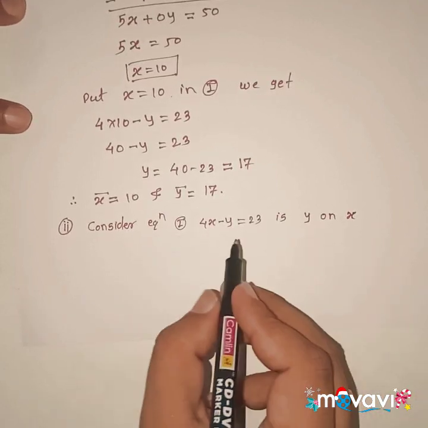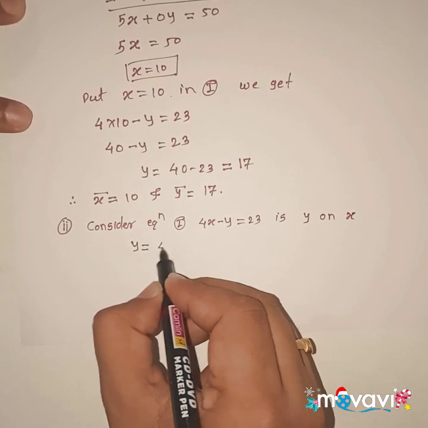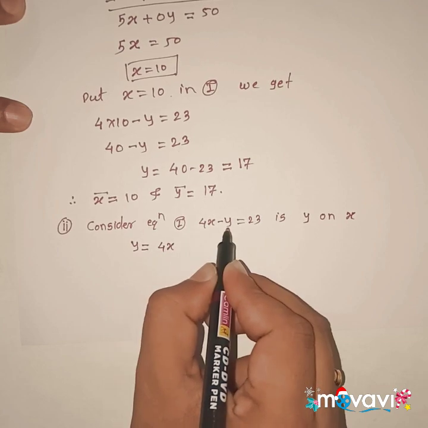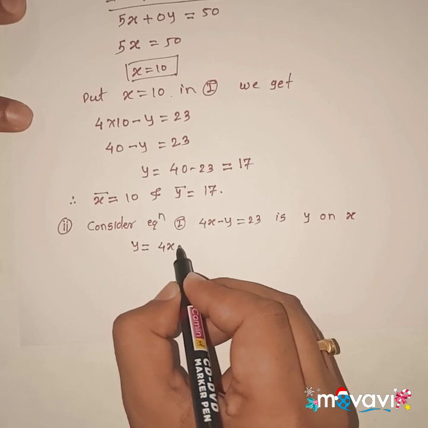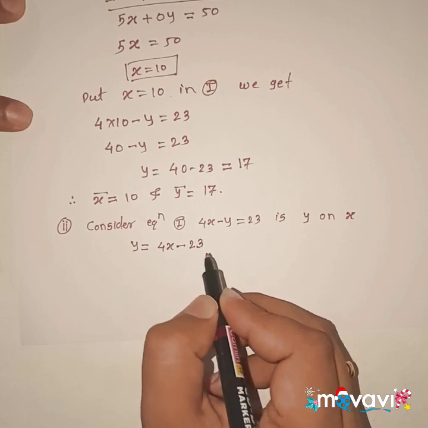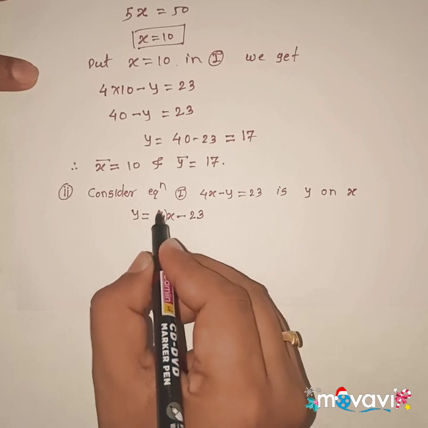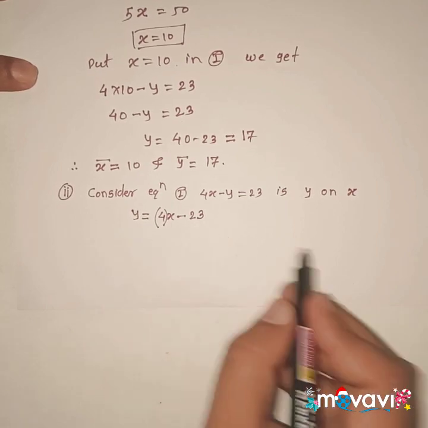So we write this equation for y. So y is equal to 4x minus 23. From this we calculate the regression coefficient, which is the coefficient of x.